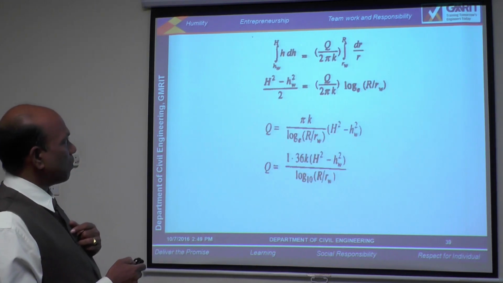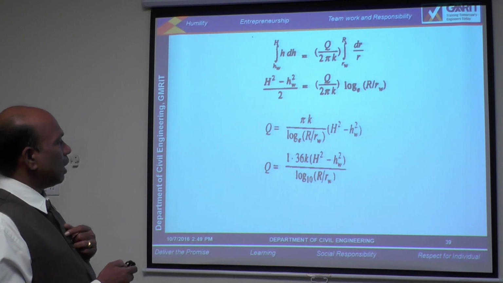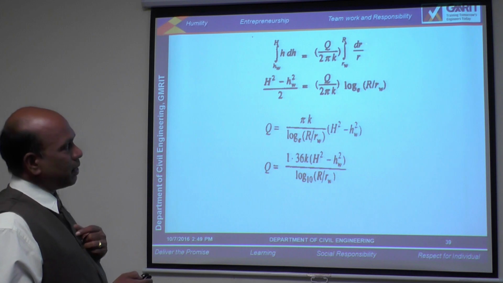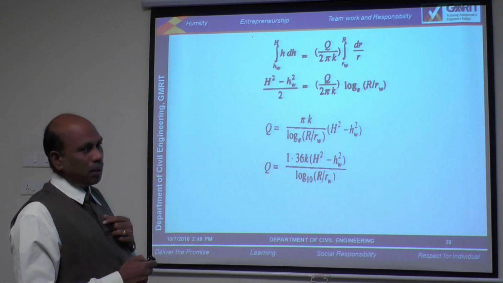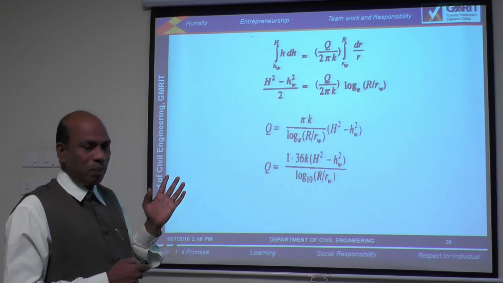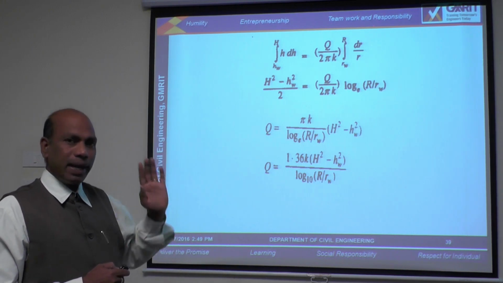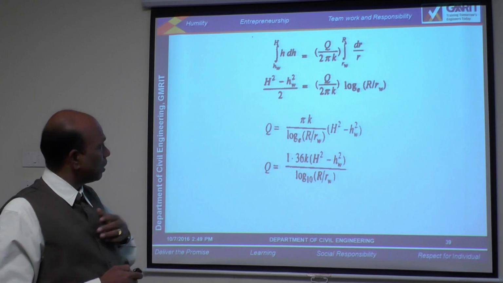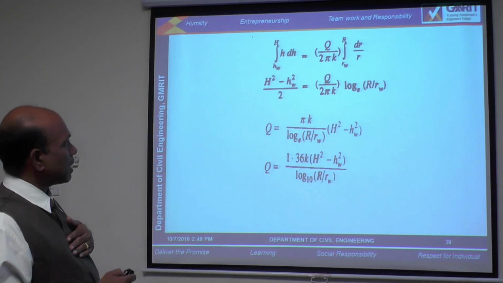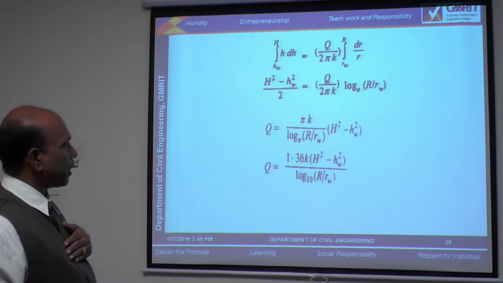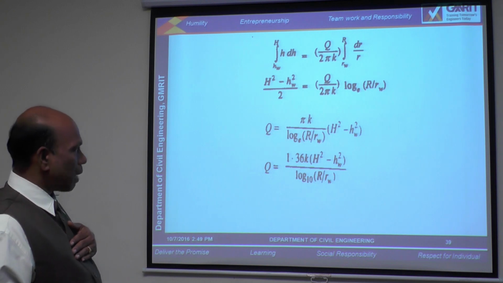Now we use the other formula. As in the earlier one, the h terms are arranged on one side and the r terms on the other side. Now we take the limits r equal to rw, h equal to hw, and r equal to capital R, h equal to capital H. Based on those limits, finally we have one equation: Q equals pi k (H square minus hw square) by log e (R by rw).